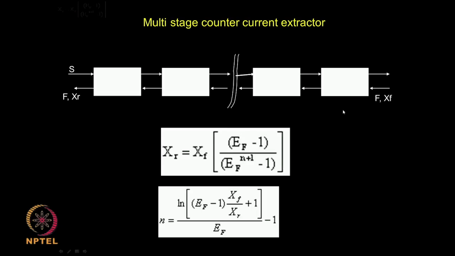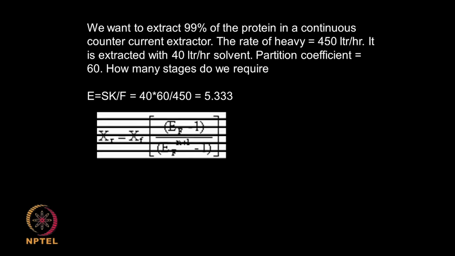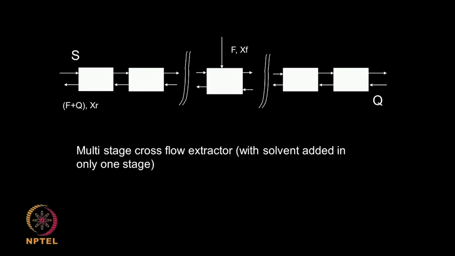Whereas the next setup is called a multi-stage cross flow extractor. We have the feed entering from the middle, FXF, and we have an aqueous stream called Q, and the solvent is coming from here.